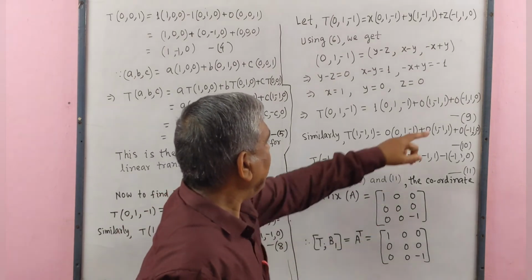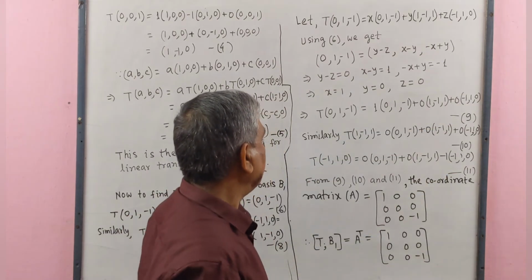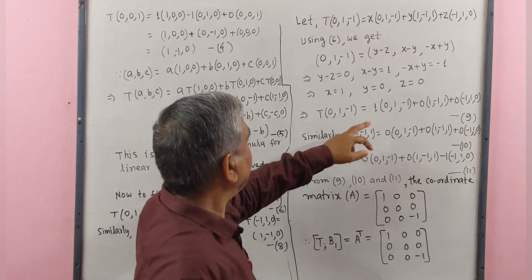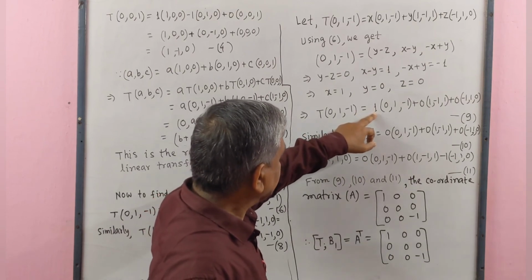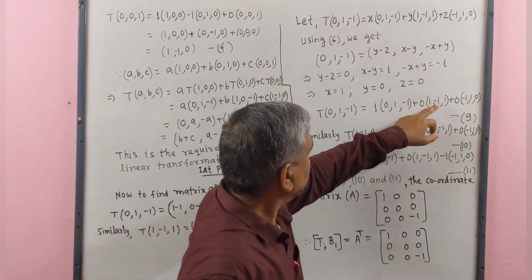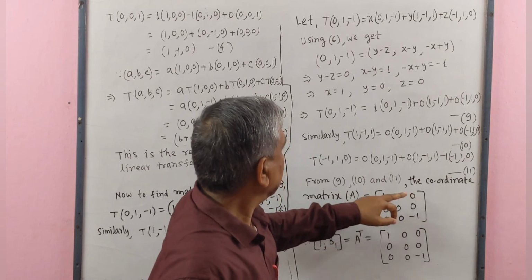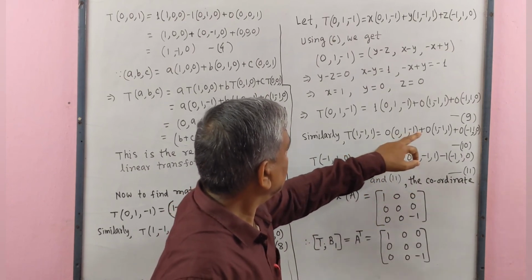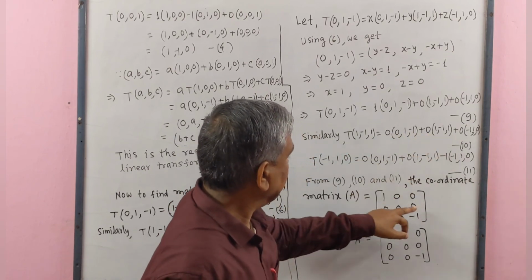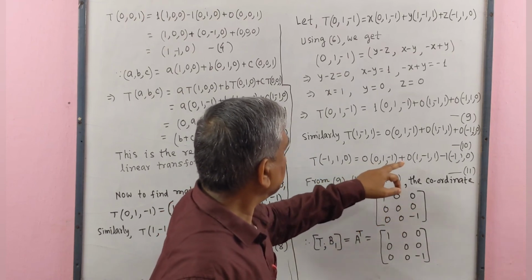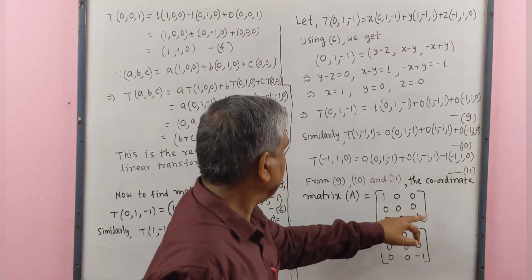Therefore, from 9, 10 and 11, the coordinate matrix will have coefficients 1, 0, 0 in the first row. In the second row, 0, 0, 0. In the third row, 0, 0, -1.